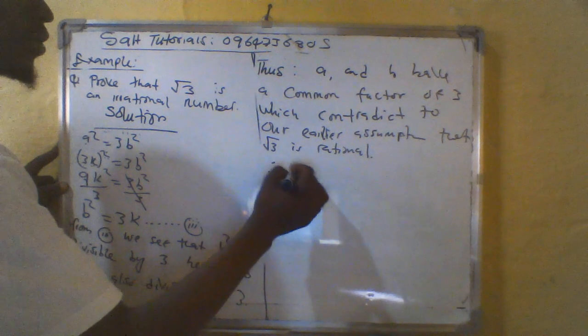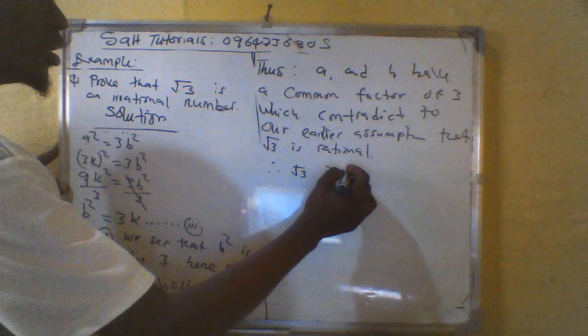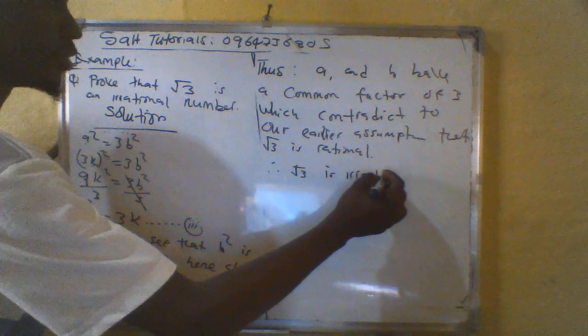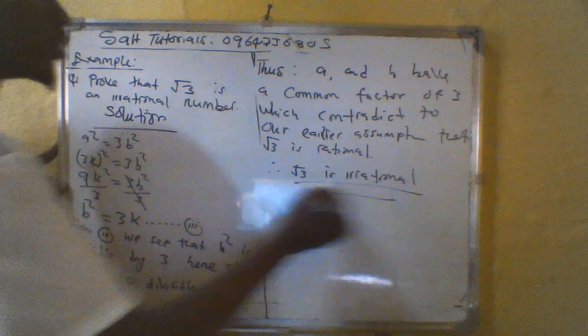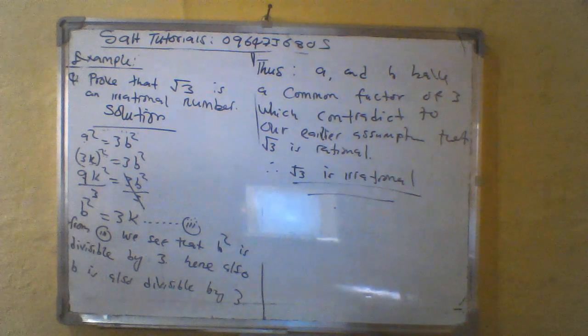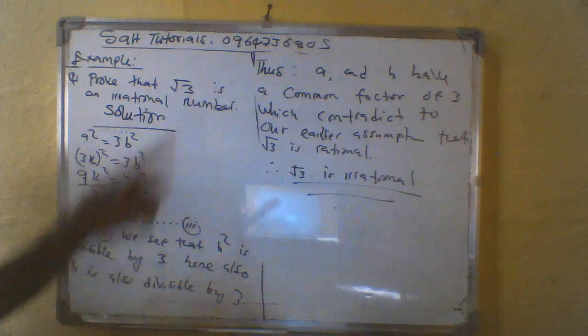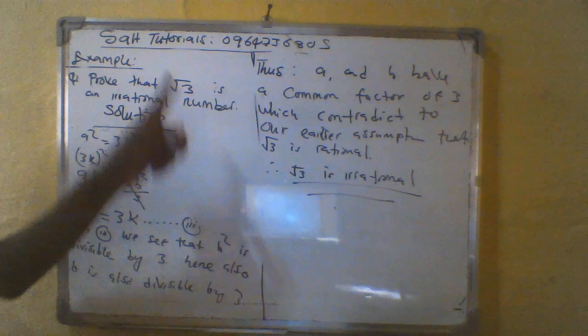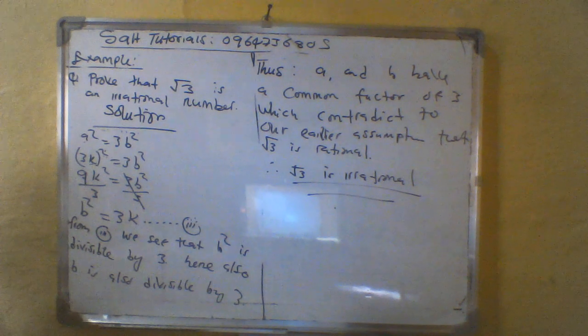Therefore, root 3 is irrational by contradiction, and you are done. Same process: even if it was root 5, same process. Root 6 will do the same process.